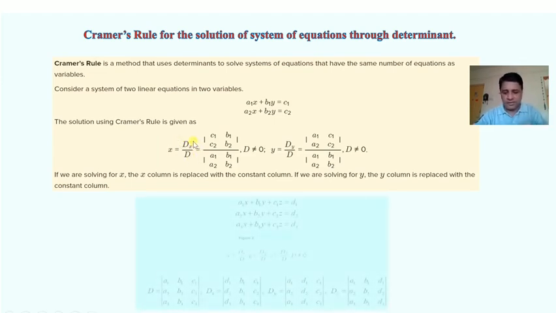While finding the dx determinant, we leave out the coefficients of x, and we start with the right hand side and then come back to the left hand side. So for dx we write c1, c2, then b1, b2. Remember these steps. I repeat: for D, we start with the coefficients of x, then the coefficients of y, and if z is there, z will also be taken.